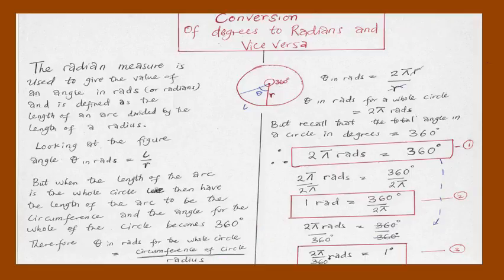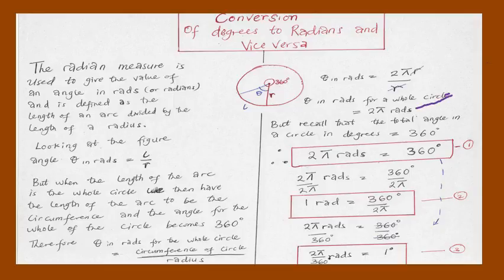So theta in radians is going to be 2 pi r divided by r, since we said that theta in radians is the length of the arc divided by the radius. So theta in radians for the whole circle is 2 pi radians, when r cancels r.